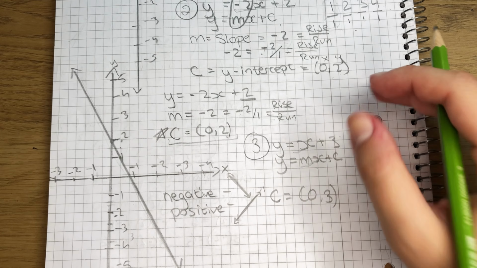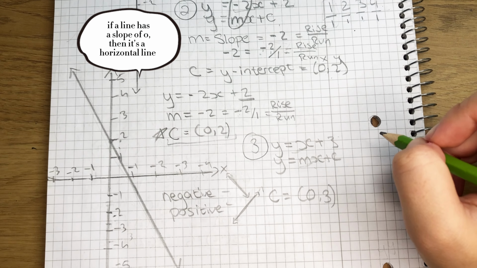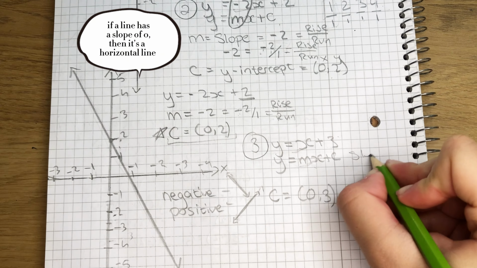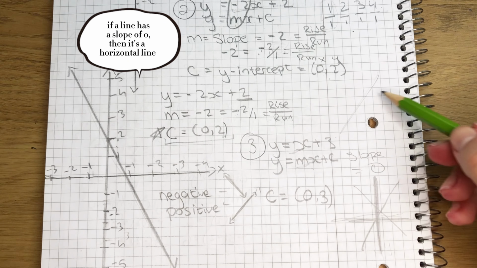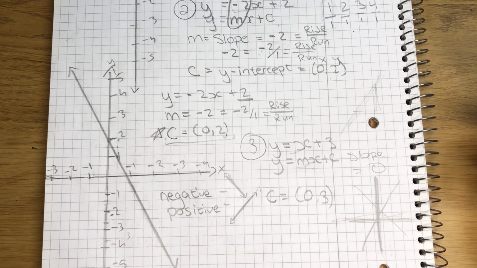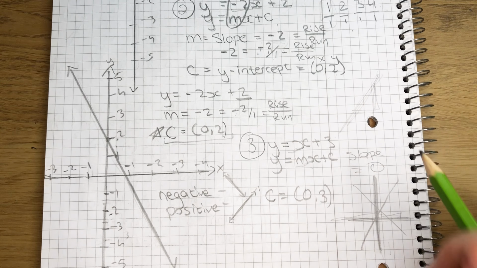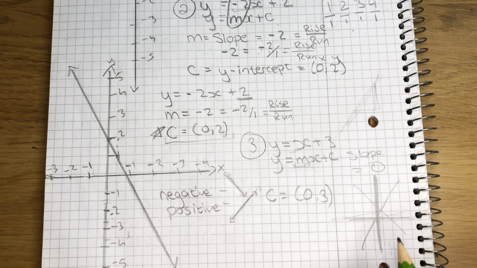Now, if this m is gone, do you think our slope is just 0? If our slope was 0, we're not looking for that. We're looking for a line that has a gradient, a steepness to it. So we can't just say that's 0. No. You see, this variable has the value of 1.